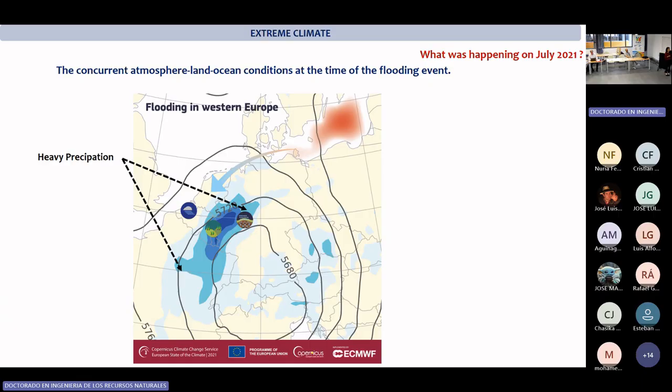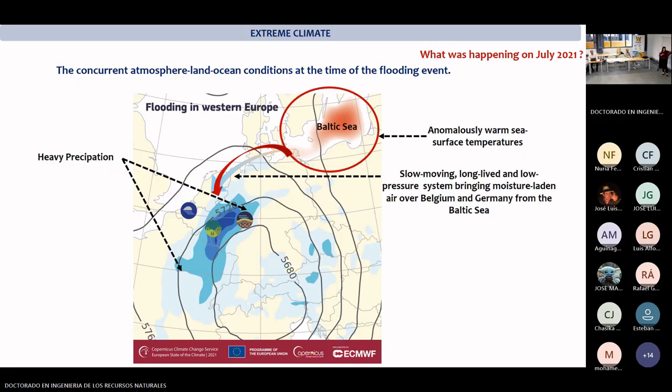They assessed the following: we have heavy precipitation and flooding in the Western Alps, and this precipitation basically started from the Baltic Sea, with warm sea surface temperature anomalies. We had heavy heat waves over the Baltic Sea, and these increasing temperatures, in the mountain area, induced slow-moving, long-lived, low-pressure systems, bringing a lot of moisture over Belgium, Germany, and the Baltic Sea.